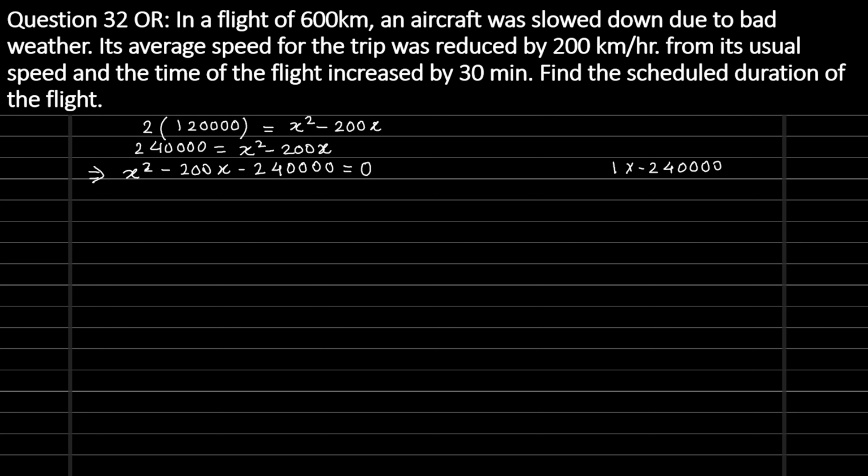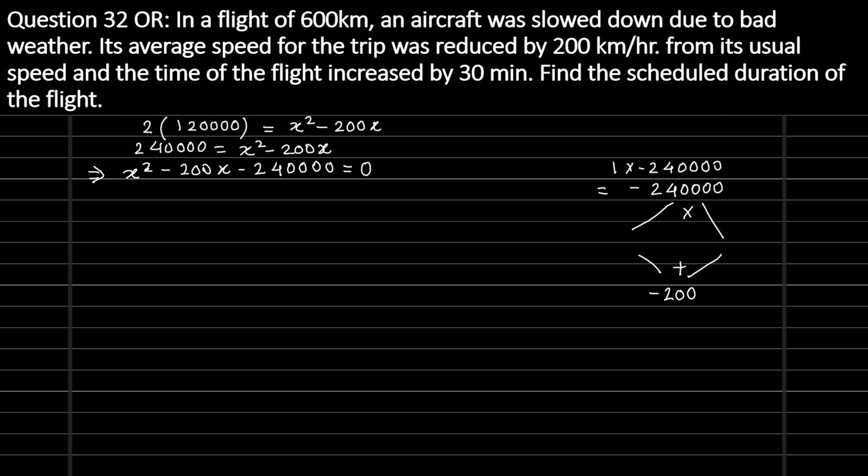Multiplying both of them, we get minus 2,40,000. Now we have to find two numbers whose multiplication is equal to minus 2,40,000 and whose addition is equal to the coefficient of x, which is minus 200.